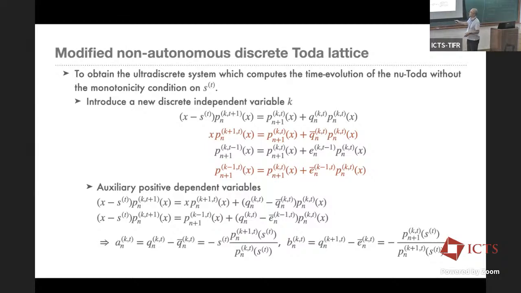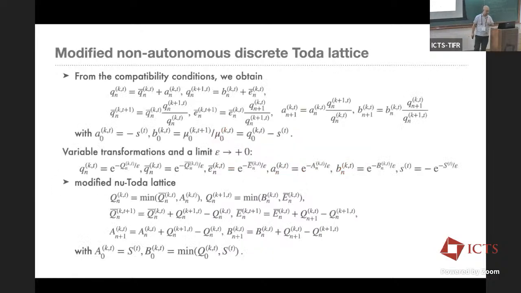We just introduce these discrete variables. Then what happens? Let's see. Actually, we use the same manner. In the previous time, our compatibility condition had only two linear equations, but in this case we have four linear equations.